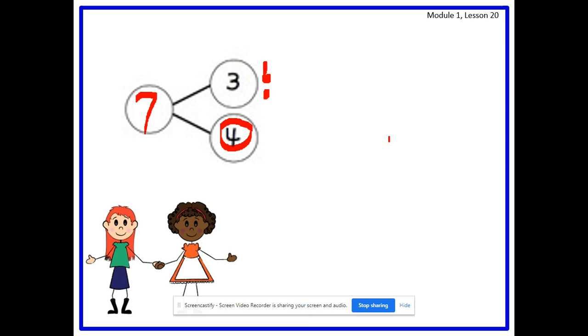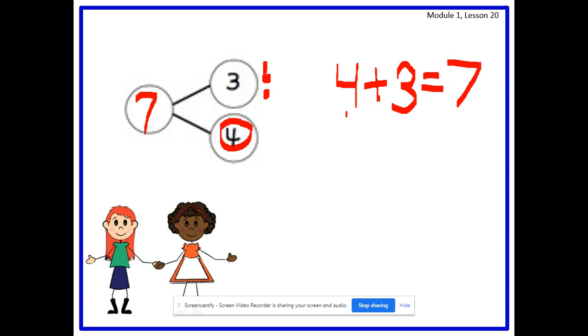Now we write an addition number sentence, starting with the larger part. So what is our larger part again? Get ready. Yes, 4. So let's start with 4 and write an addition number sentence. 4 plus 3 equals 7.